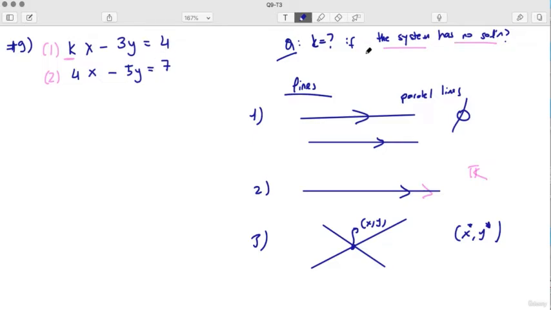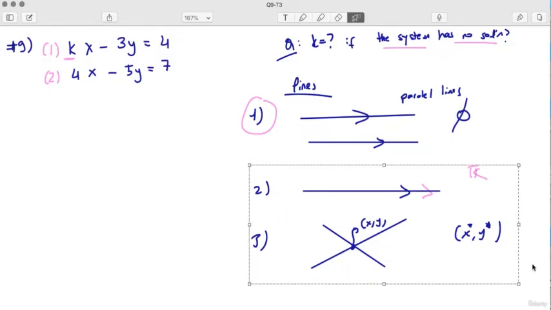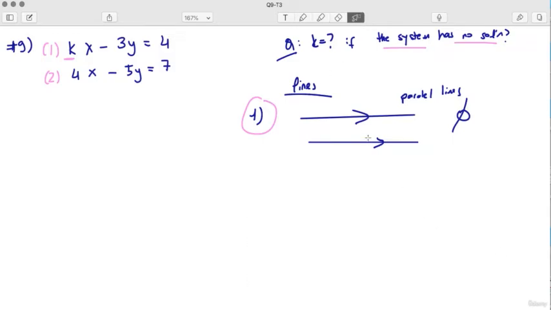Okay, so since we are told this system has no solution, we have to be in this case, so I'm going to remove the others. These are just for information. So we are in this scenario now. If lines are parallel, note their slopes are equal.